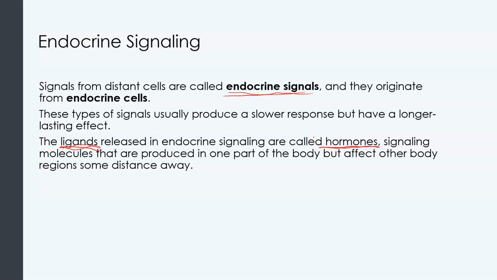In the nervous system, the ligands are called neurotransmitters, but in the endocrine system, the ligands are called hormones. And the most important thing is that the target is far away. So the hormones have to travel through the bloodstream some distance away from where they're released.